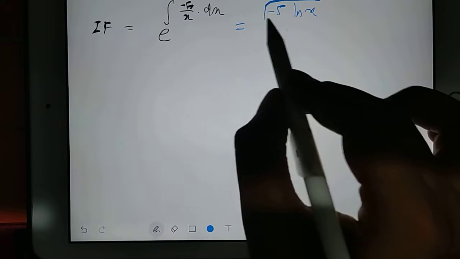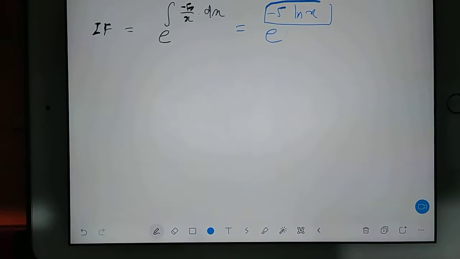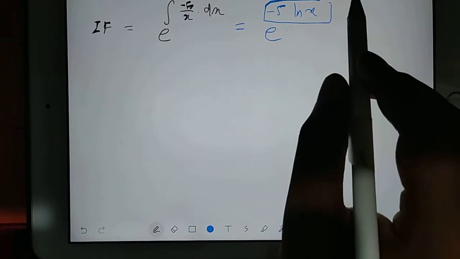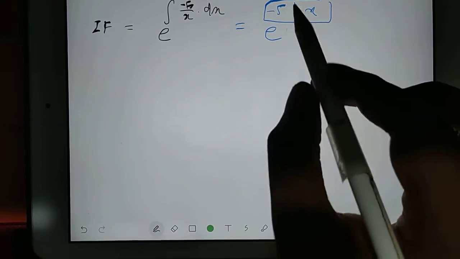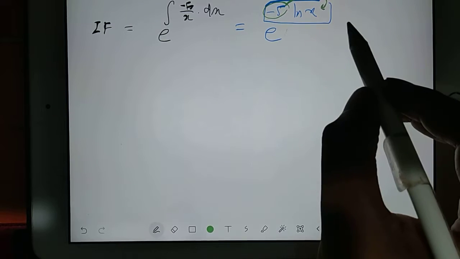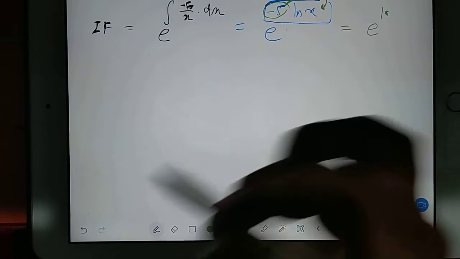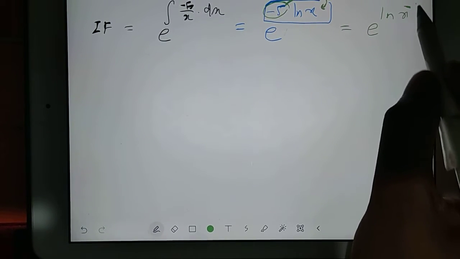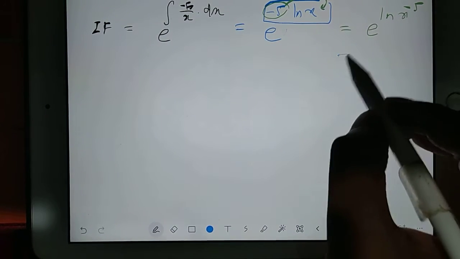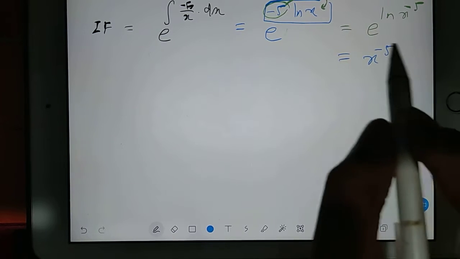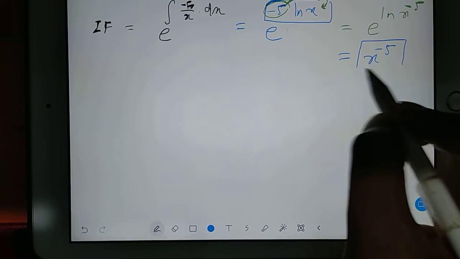And this everything is actually power of e. I hope it's clear that everything is power of e. After that, this minus 5 you take here, so it will be e power ln x power minus 5. In last class I taught you the log property. Because of that, this answer will convert to x power minus 5. So this became your integrating factor.